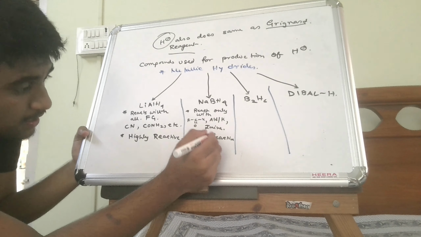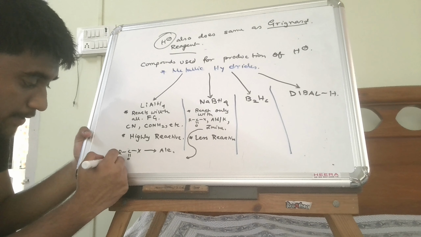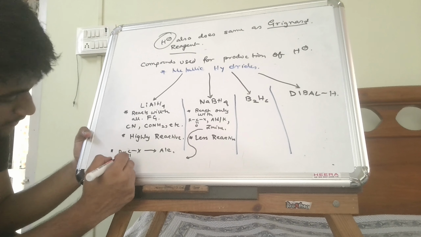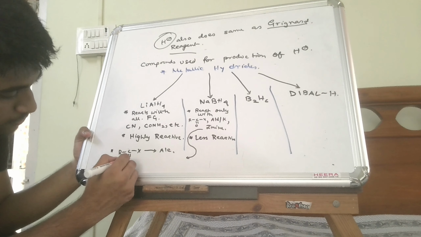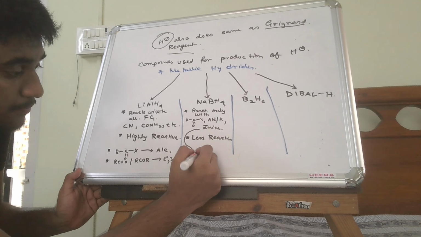I am telling you what will happen. RCOX, if it reacts with NaBH4, directly gives alcohol, because H will attack and X will leave, and then H again, simple. You can all memorize this part. I had already told you the mechanism, you can try it at home. And RCOR will form 2 degree, 3 degree alcohol. And imines, here I am writing.